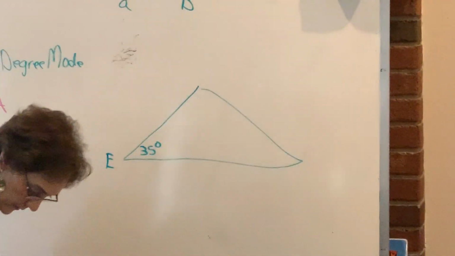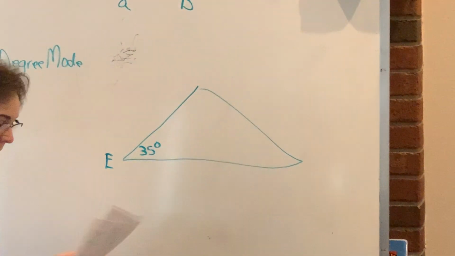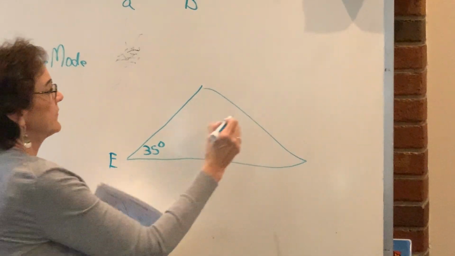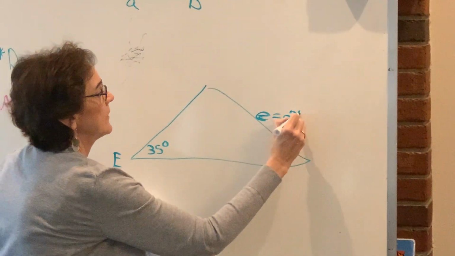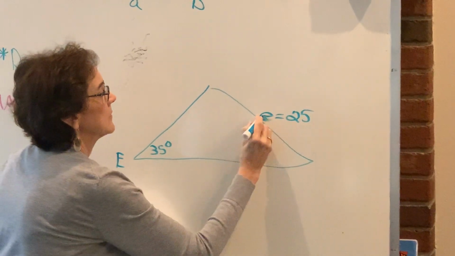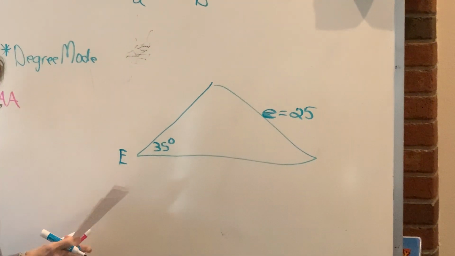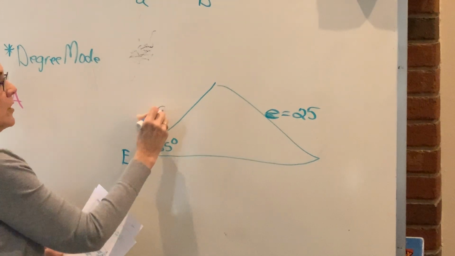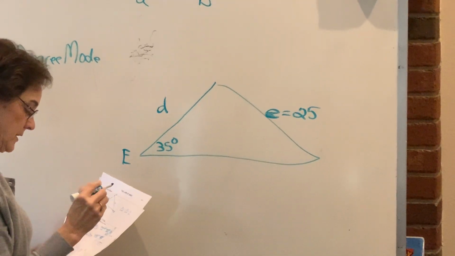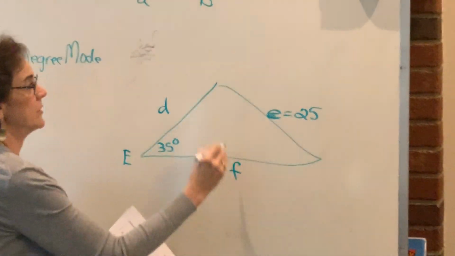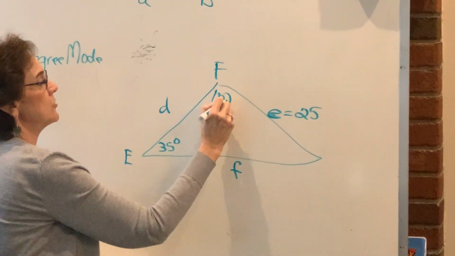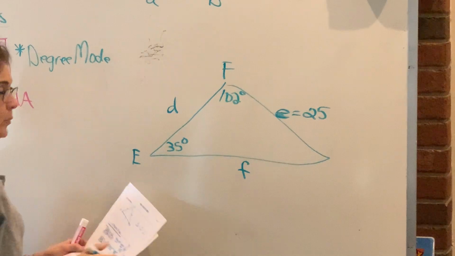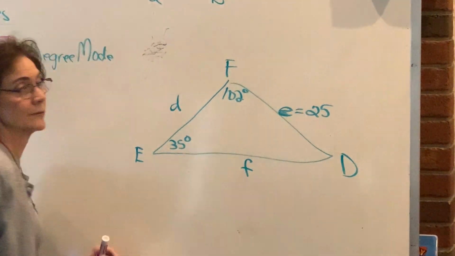So this will be lowercase e, which I actually already know is 25. That's given to us, 25. Okay, and this is D, we don't know. And this one is F, we don't know. But we do know this F is 102 degrees.